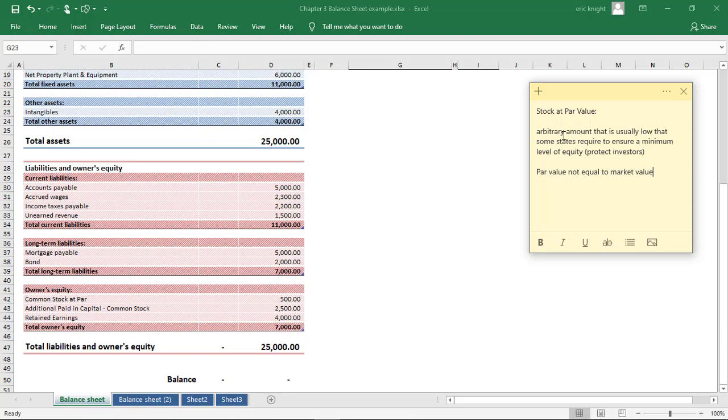Let's say the market says the stock's worth $15, the par value is $2. Where do we put that extra $13? Well, we put it in the additional paid-in capital. So if you look at the additional paid-in capital and the common stock at par and you add them up together, that's how much the investors paid for the stock when it was sold originally.